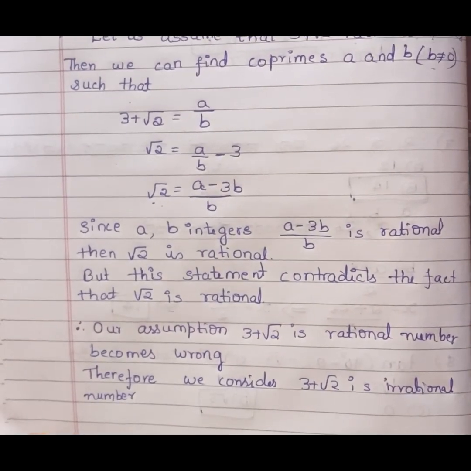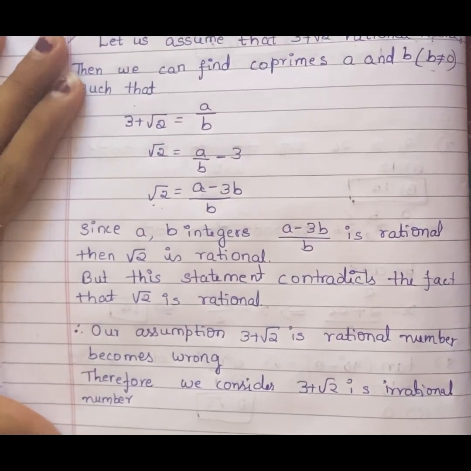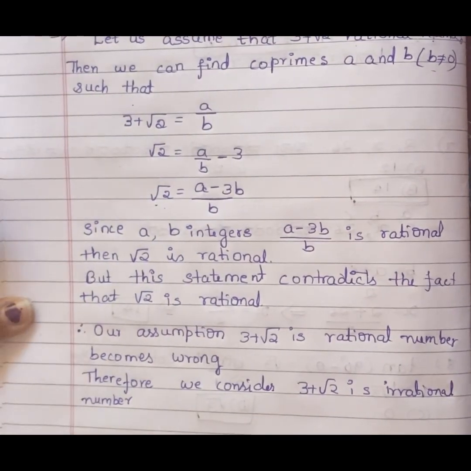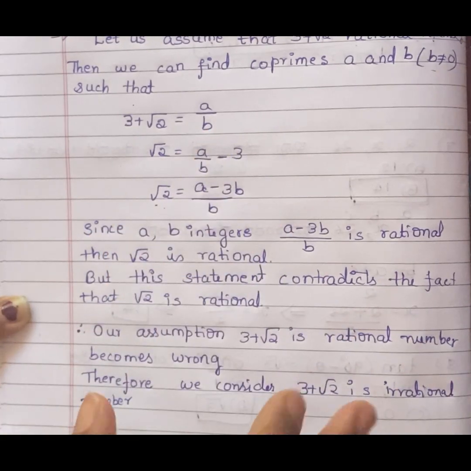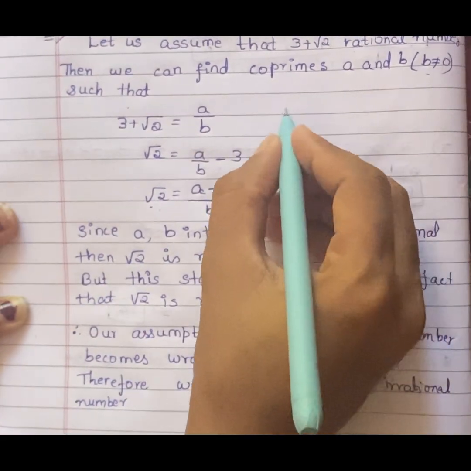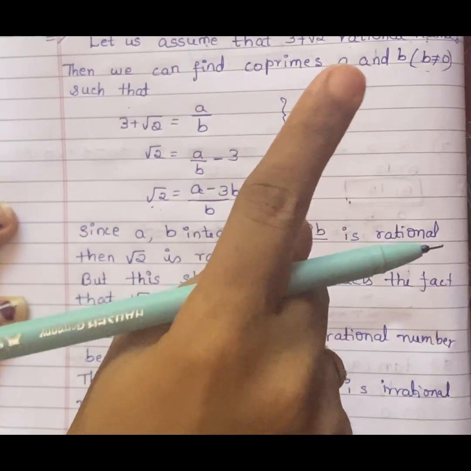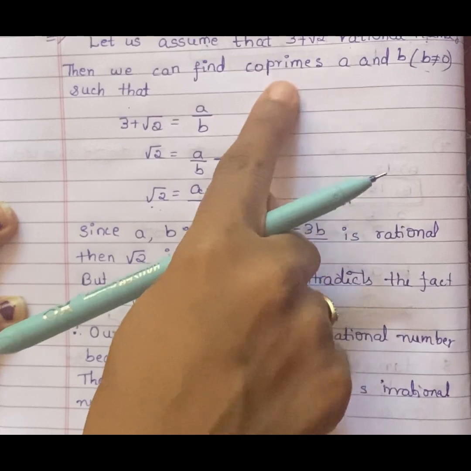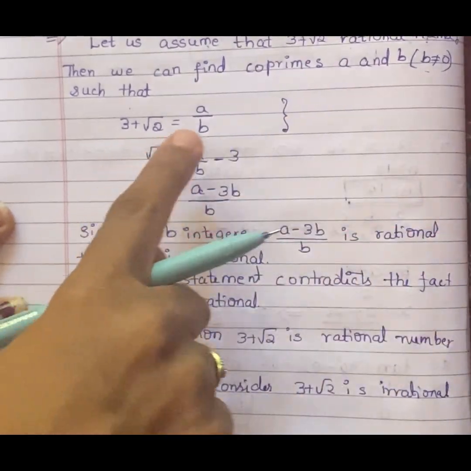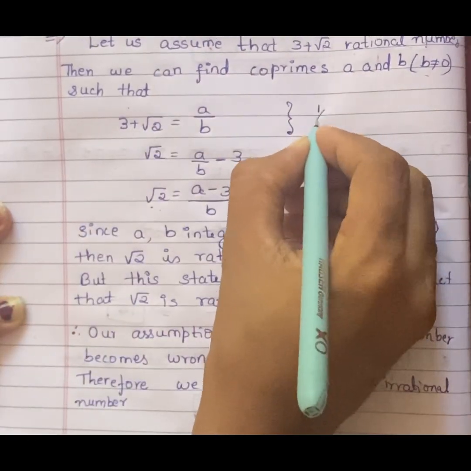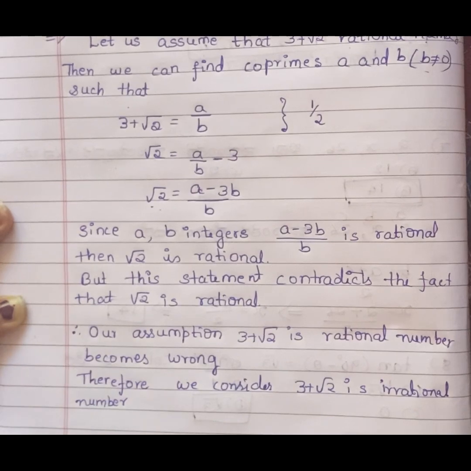So this entire proving method carries 2 marks. Now I'll tell you how the 2 marks split up across these steps. For this step, assuming that it is a rational number, taking two integers and writing this formula carries half a mark.